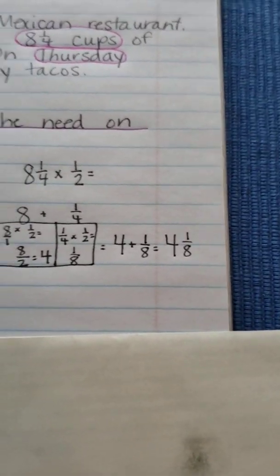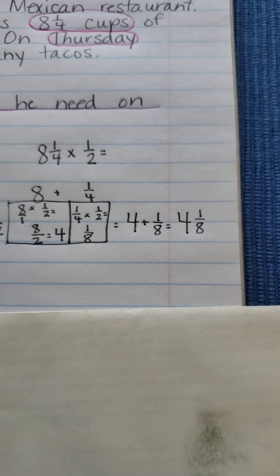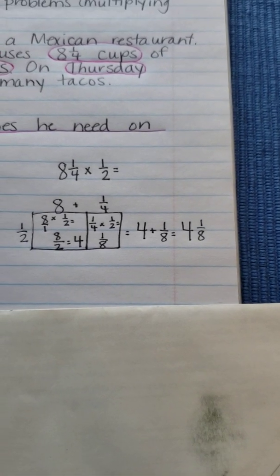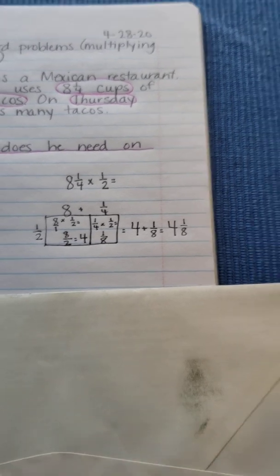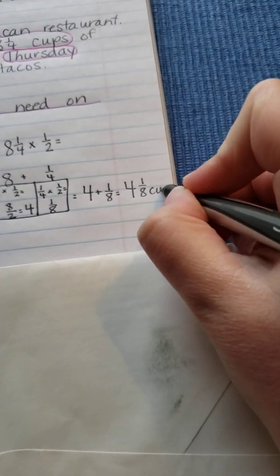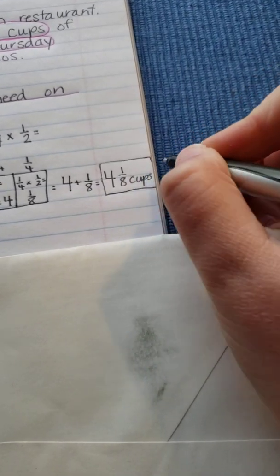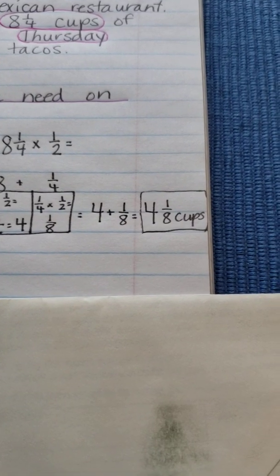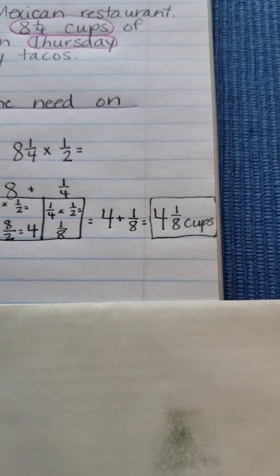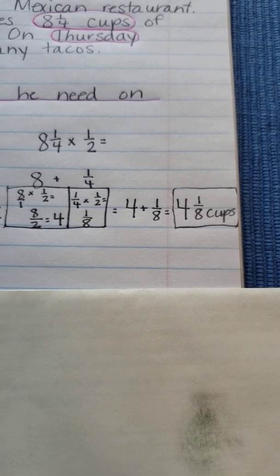And then we always have to remember to make sure that we put in the units. Are we talking about 4 1/8 marbles? Are we talking about 4 1/8 elephants? Nope, we're talking about 4 1/8 cups. And then because it's a unit fraction, which is a fraction with a 1 in the numerator, it can't be simplified any further.